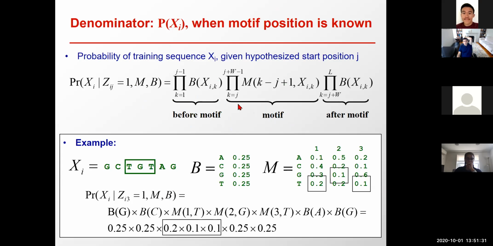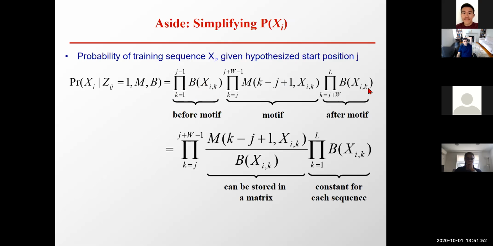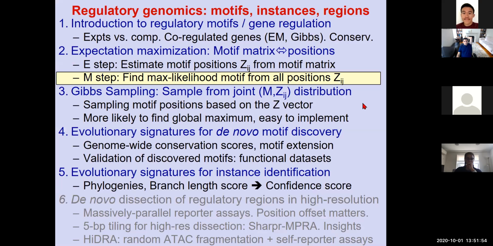The denominator is simply the total probability P(X_i), which is the same before the motif, the same after the motif, and unique within the motif. That's, again, assuming a uniform distribution. But if you have a non-uniform background distribution, you can alter these background vectors accordingly. Okay, so that's a way to estimate all of the starting position intensities from the motif matrix.